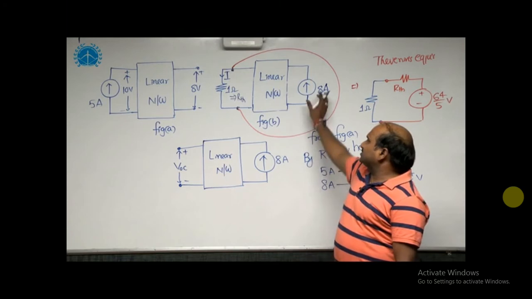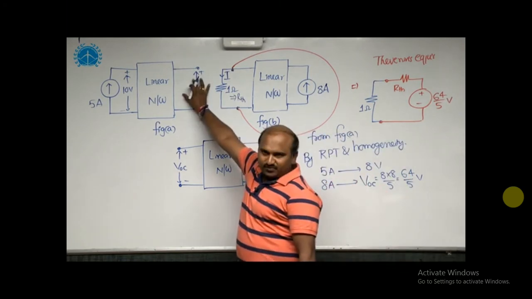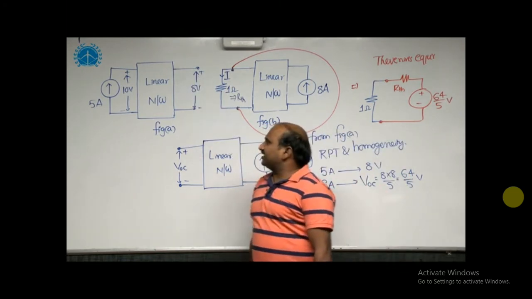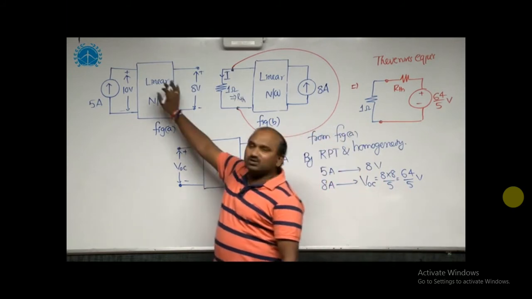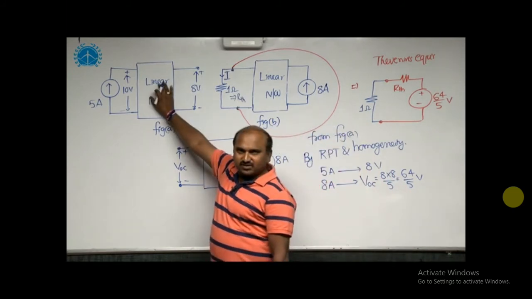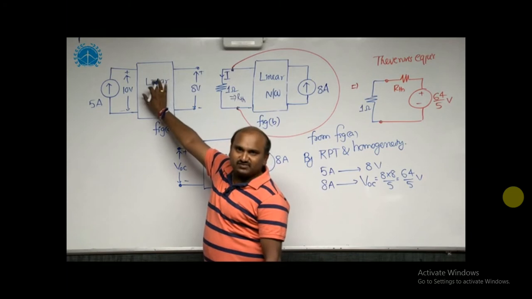Here it is a current source, so we should consider this as open circuit. From figure A, I am able to get the R Thevenin value because we don't know the resistor values and resistor positions. That's why we don't know the passive network.